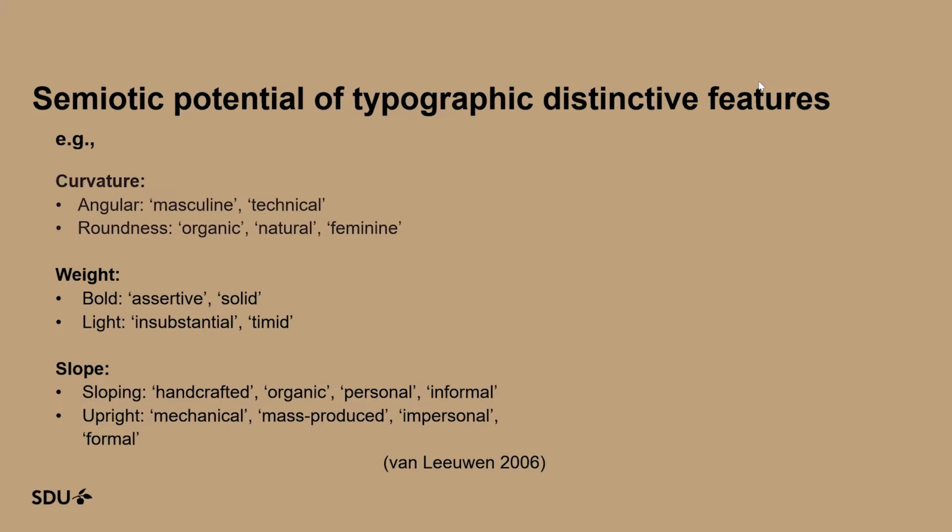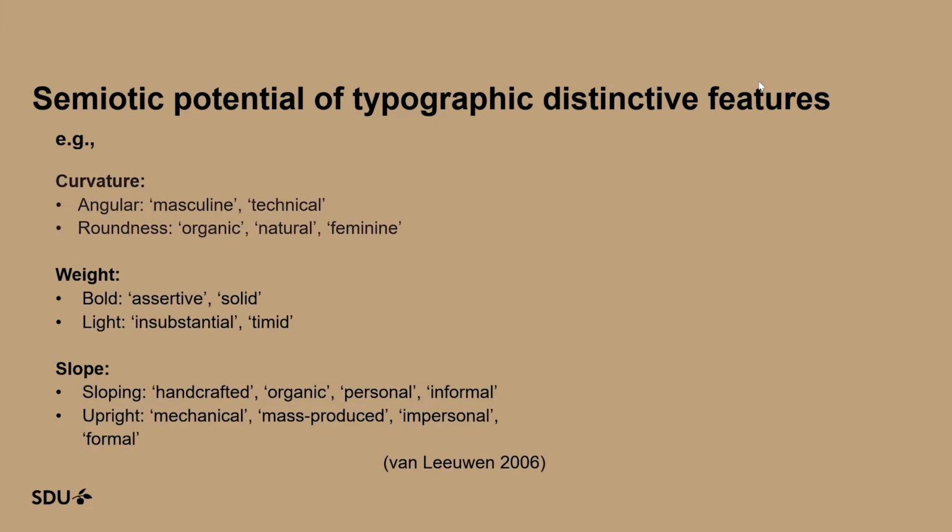In terms of slope, sloping is often used to signify handcrafted, organic, personal, informal, whereas upright typography or typefaces seem more mechanical, can communicate something about them being mass-produced, impersonal, and formal. So these are the potential meanings of the distinctive features.